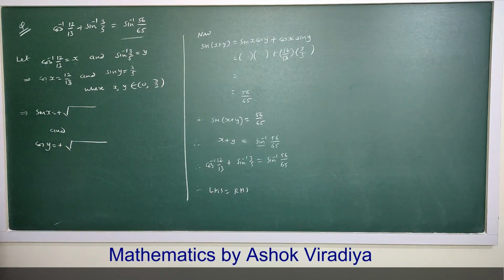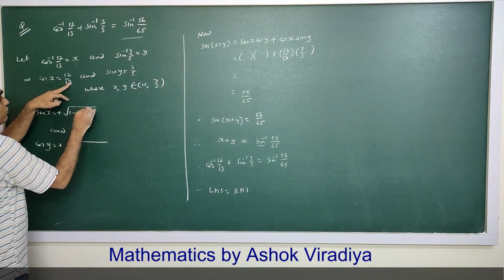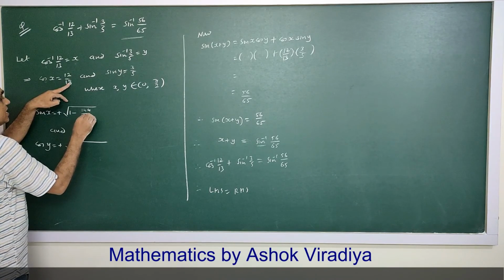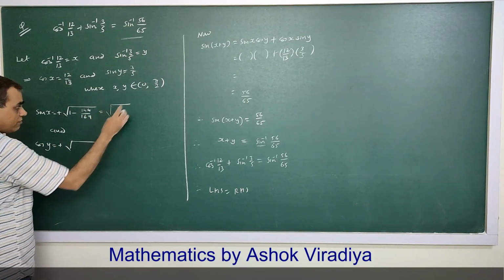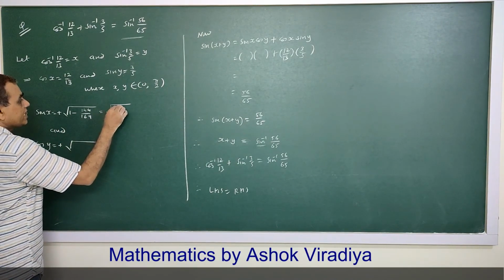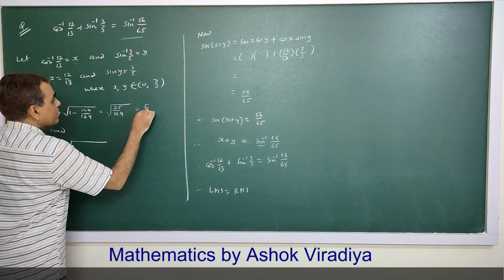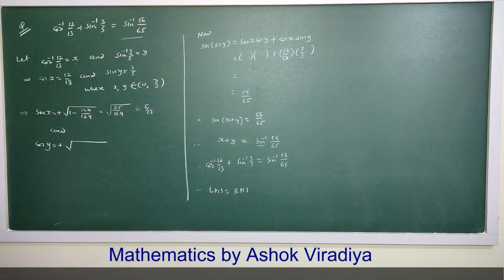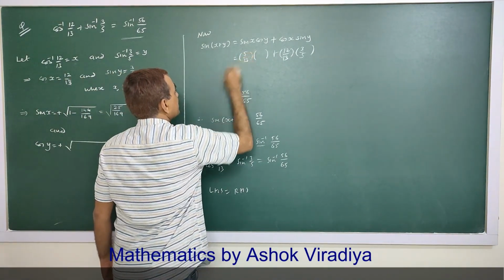Now sin x is square root of 1 minus cos square x, that is 144 upon 169. So this is square root of 25 by 169, that is 5 by 13. So sin x is 5 by 13.